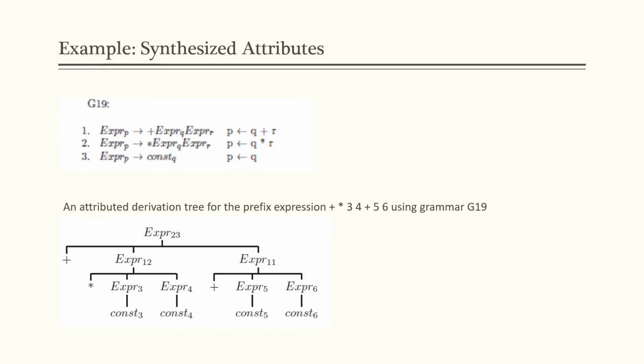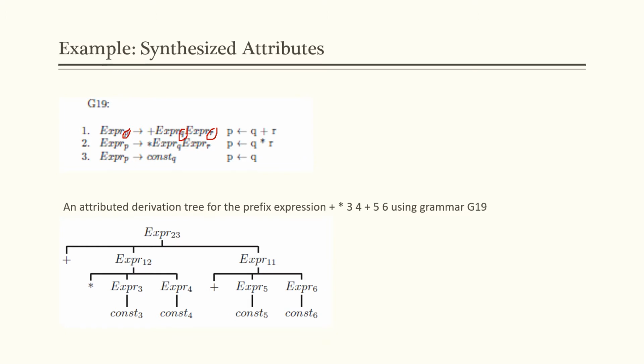If you look into this example, for expression there is a subscript P. That is what we call an attribute. Let me circle this: this P, this Q, and this R. These are what we call attributes for that grammar.